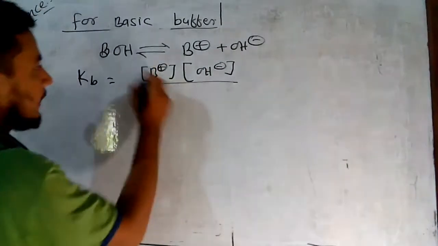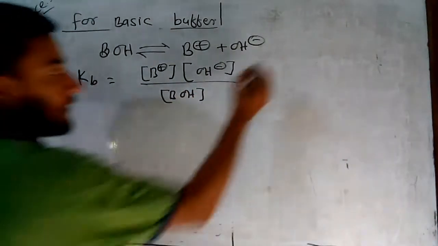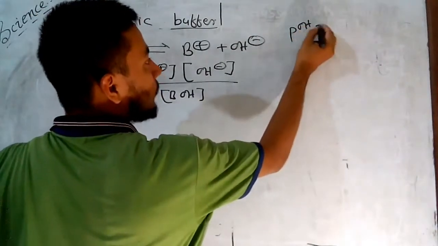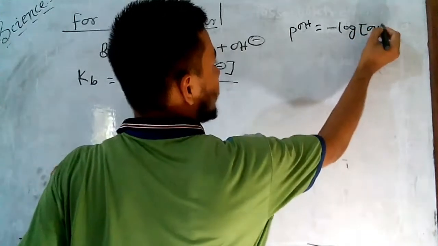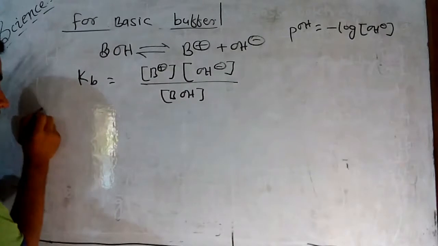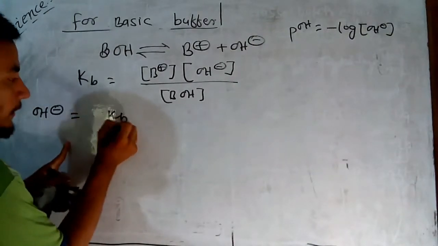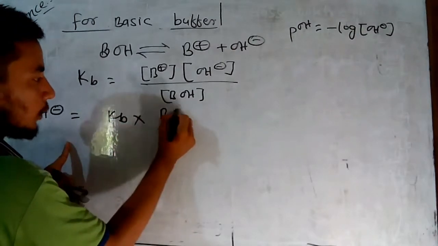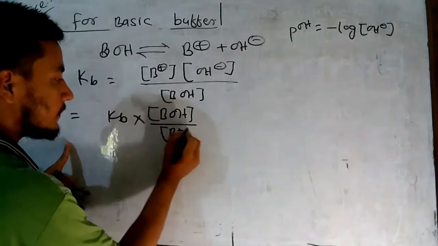The constant for the base, Kb, equals the concentration of B plus and OH minus divided by BOH. We have to find pOH, and you know pOH equals minus log OH minus. So first find OH minus, which from this equation is Kb into BOH by B plus.